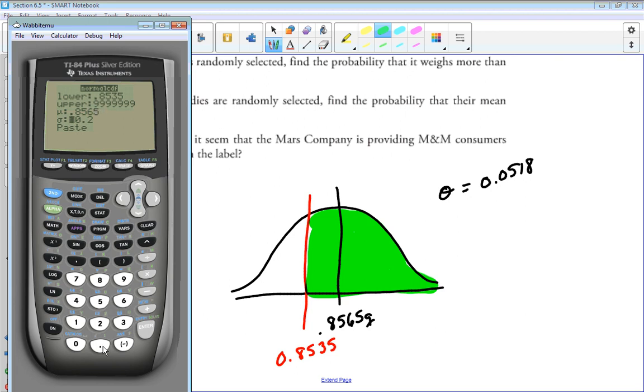And the standard deviation is 0.0518. And again, if you've got that calculator at home without the screen, you're going to put parenthesis 0.8535, comma, 99999, comma, put the mean 0.8565, and the standard deviation 0.0518.